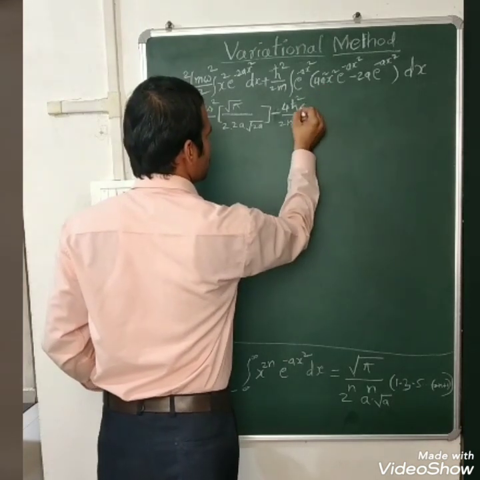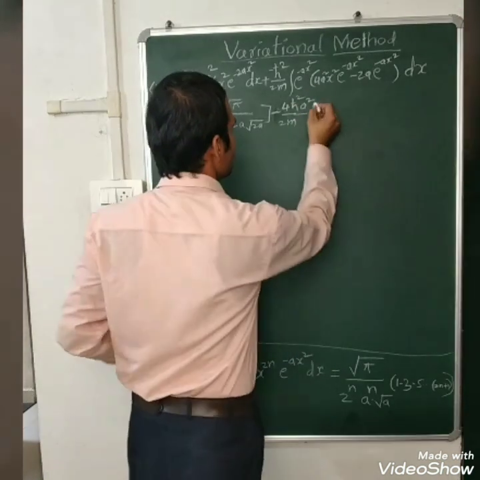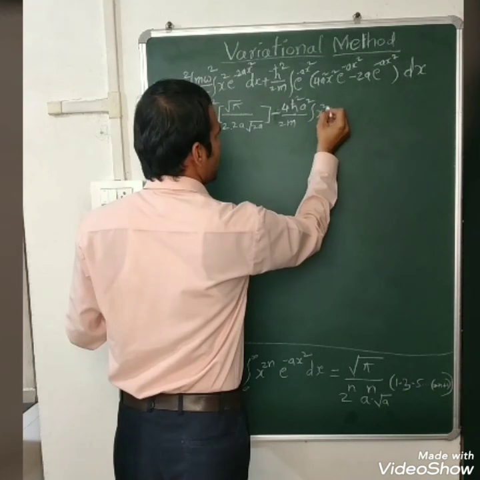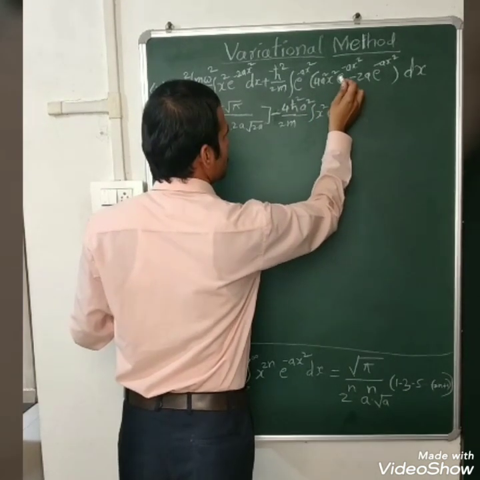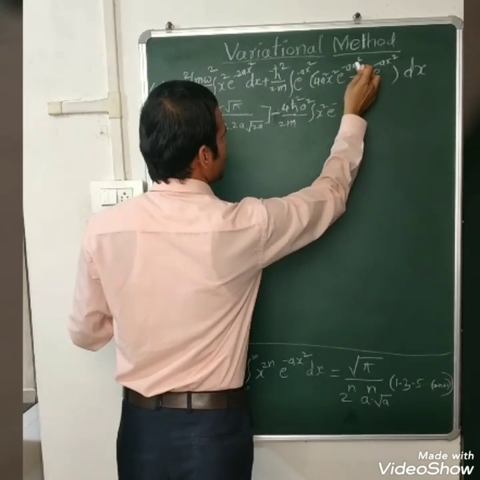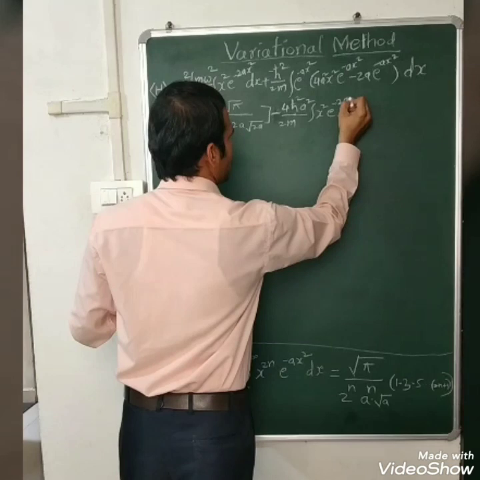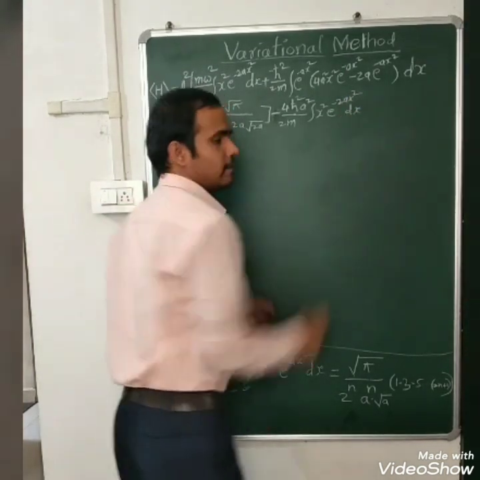This a is constant, a square, and inside the integration x square e raised to minus ax square, e raised to minus ax square, it is 2ax square, and dx.